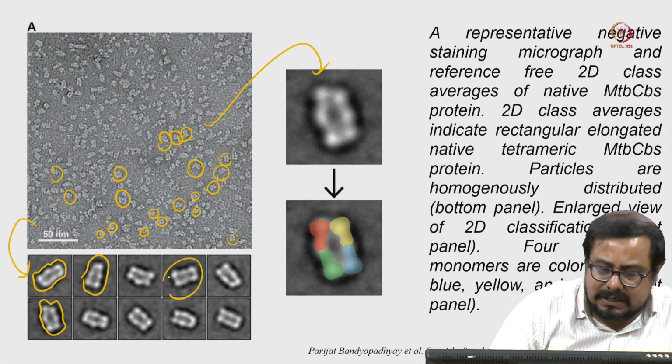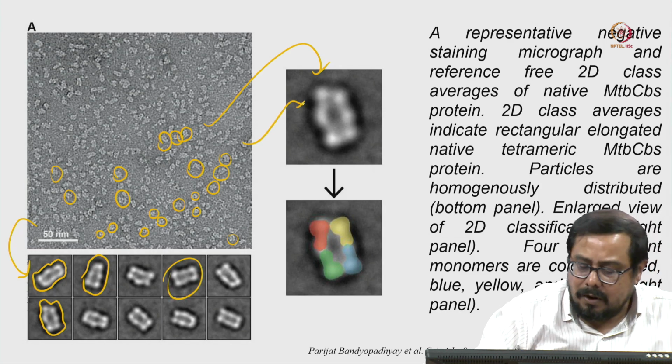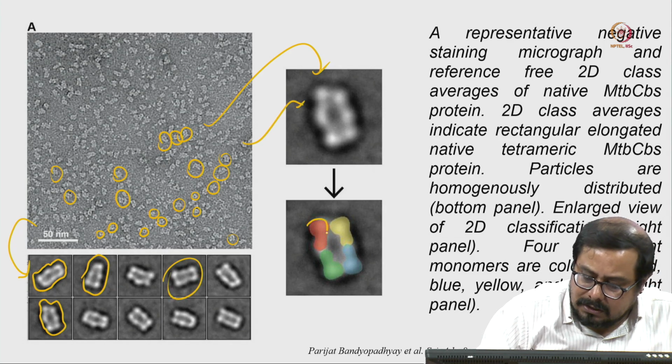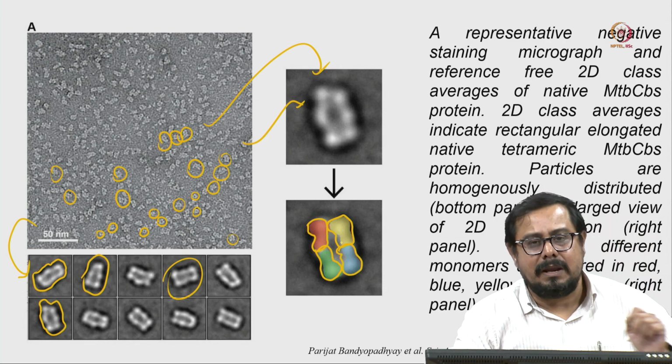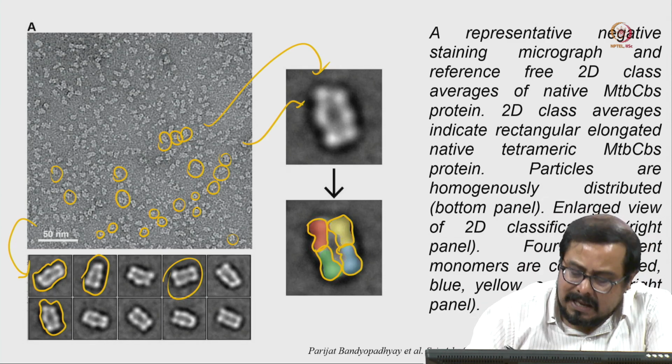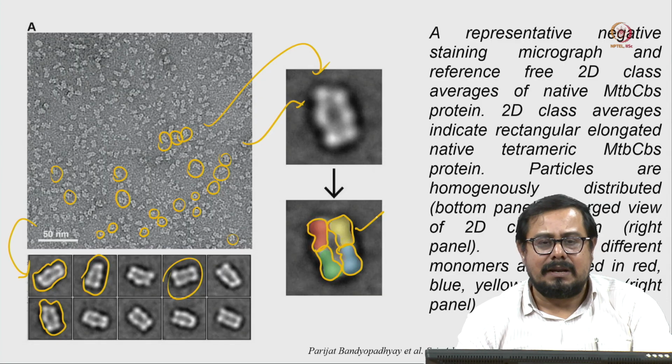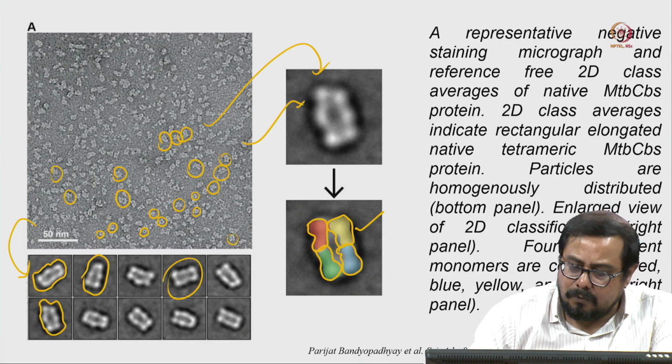This is the rectangular shape of your protein, and from this the author marked different domain areas, which helps them understand how many protomers are interacting together. From the different colors you can tell that there are a total of 4 protomers.